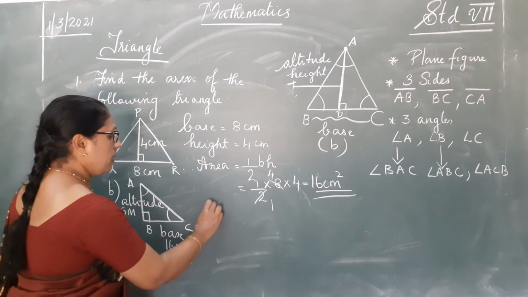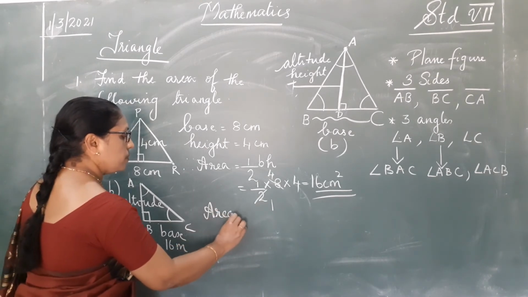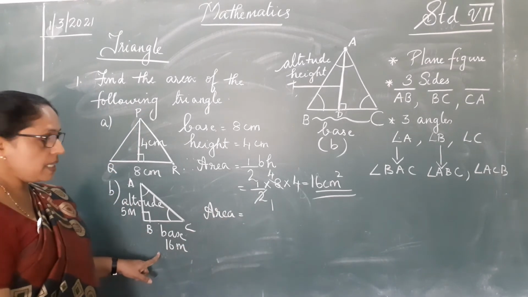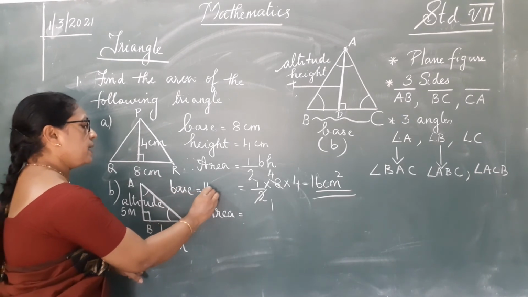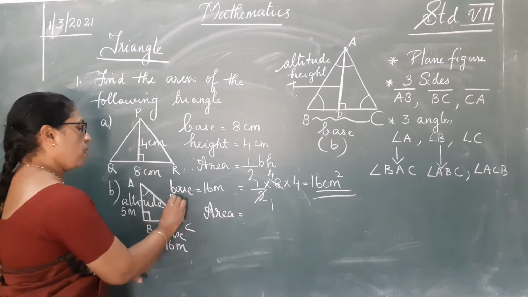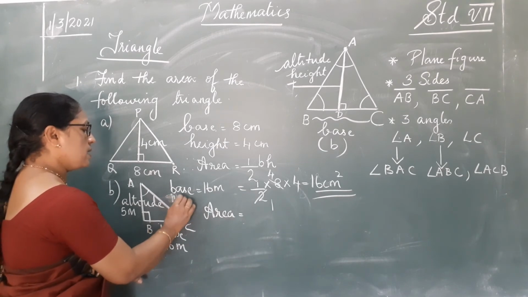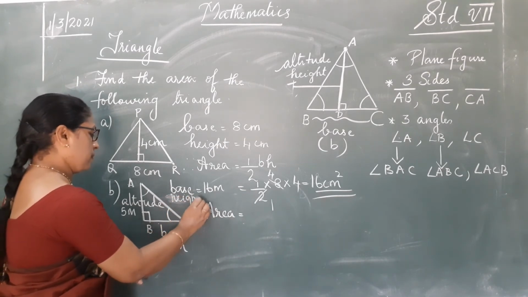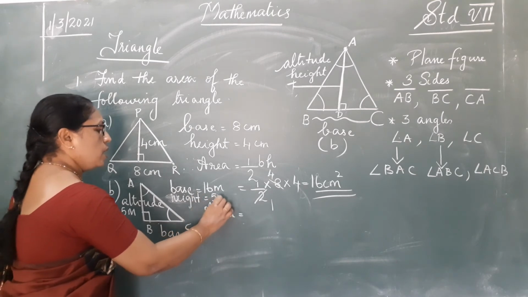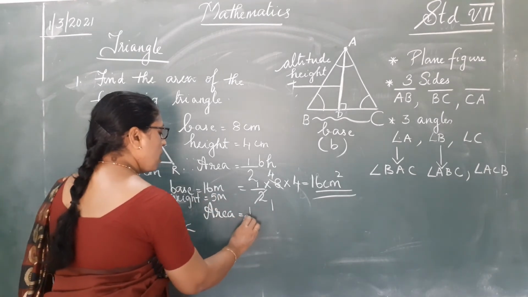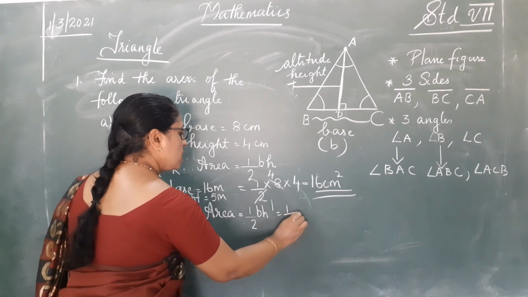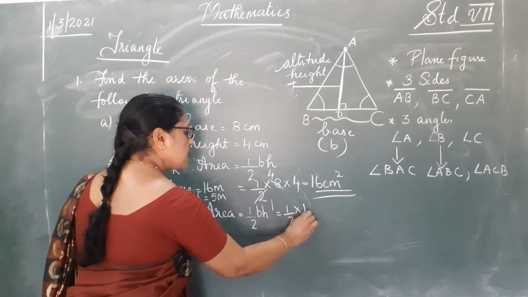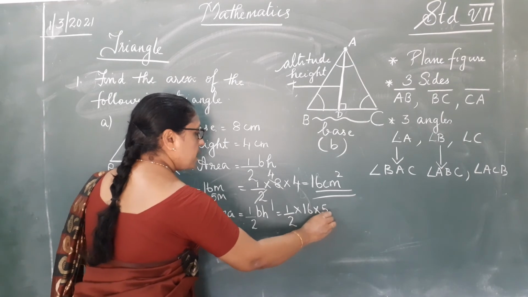So area equals, first we have to write the base. Base is 16 meter and altitude or height is 5 meter. So area is equal to half BH, half into base 16 into 5.